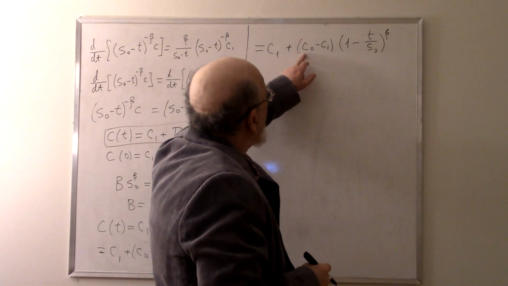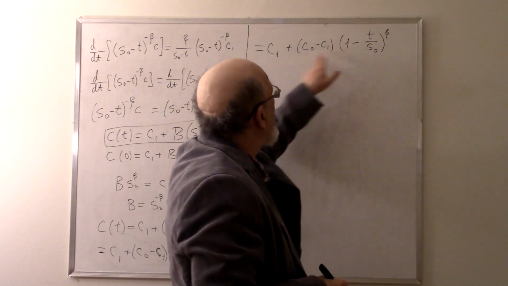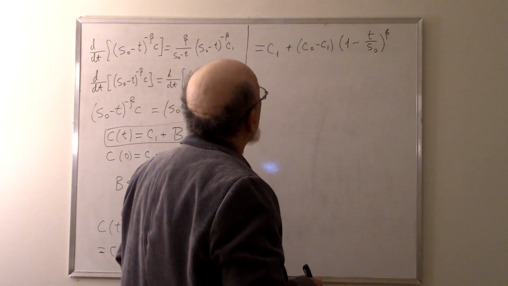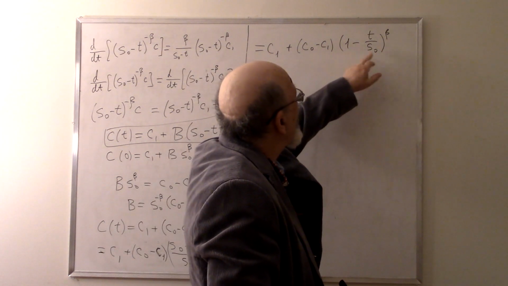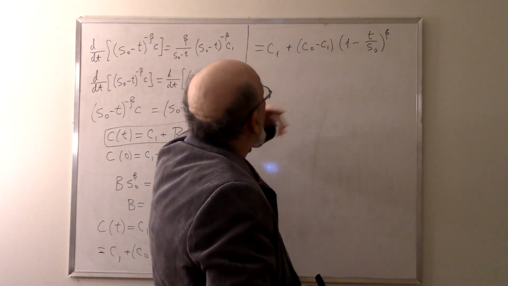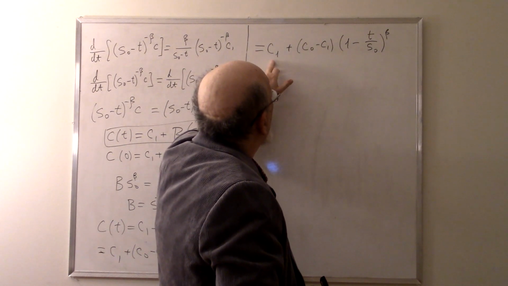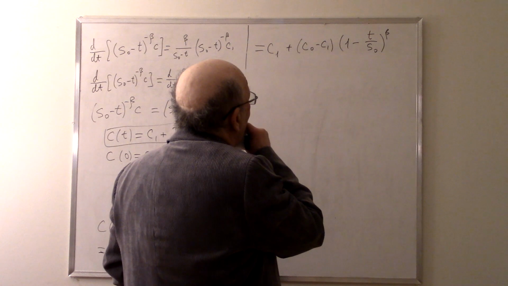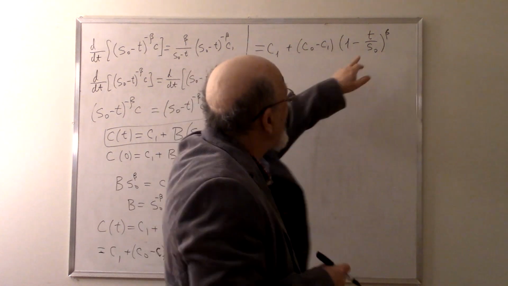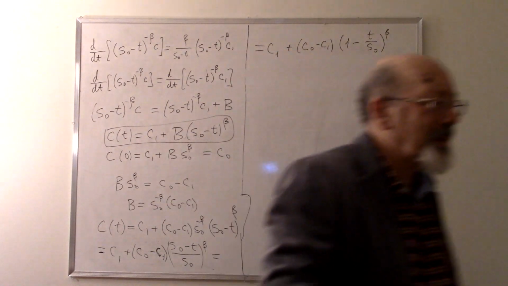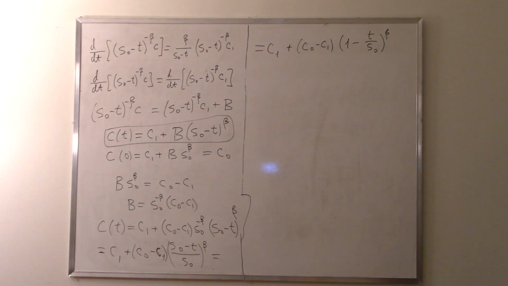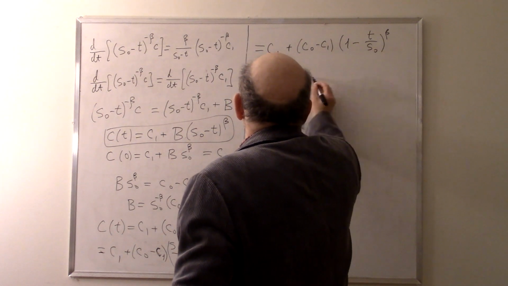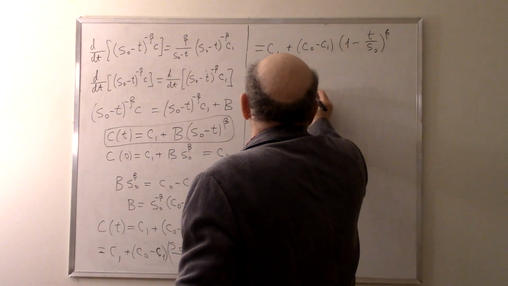So for t equals 0, this is 0, so C1 plus C0 minus C1, so it is C0, and when this factor becomes 0, it becomes C1. So what is S0? S0 is the moment, after all, S0 equals V0 over (Q2 minus Q1).